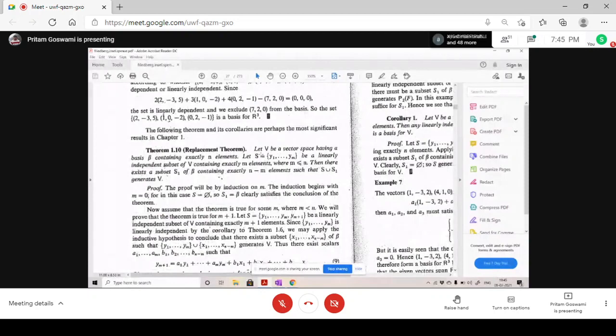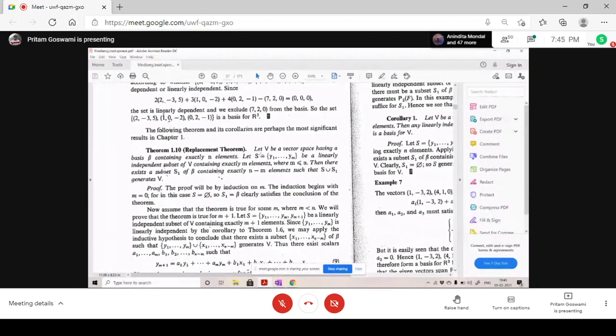Listen carefully. V is a vector space and beta is a basis of that vector space which has n number of elements. Suppose S is a subset of V which is linearly independent and S has m elements y1 to ym, and m is less than or equal to n. Is it clear up to now, everyone? Yes, sir.